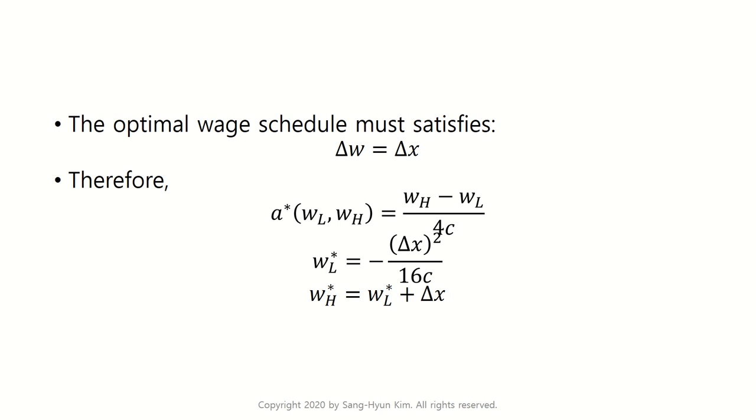these two models are very similar. In example one, we had multiple equilibria, which means that infinitely many wage schedules could be an equilibrium, right? But here we can pin down the exact number for WL and WH, and the reason is simply because we are considering a continuous action space.